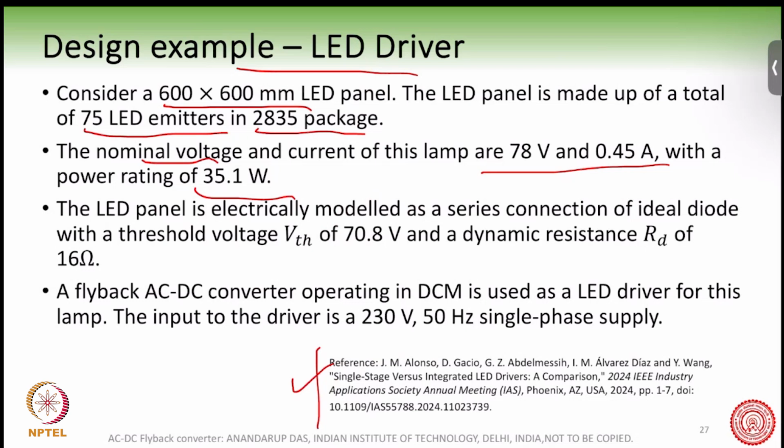Now, electrically, this LED panel is modeled as a series connection of an ideal diode with a threshold voltage of 70.8 volt and a dynamic resistance of 16 ohm. This is experimentally obtained. Now, what we want here is a flyback AC-DC converter in DCM to drive this LED, and the input to the driver is a 230 volt, 50 hertz single phase supply.